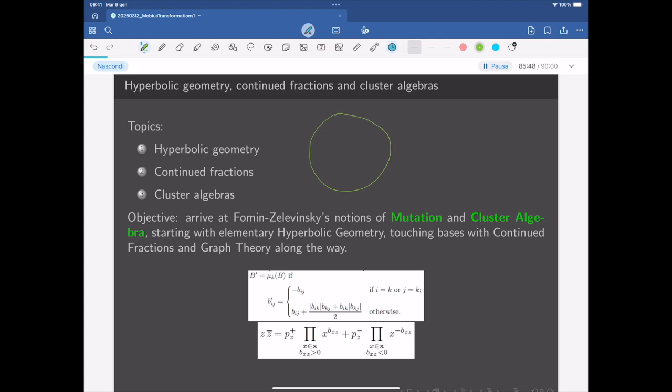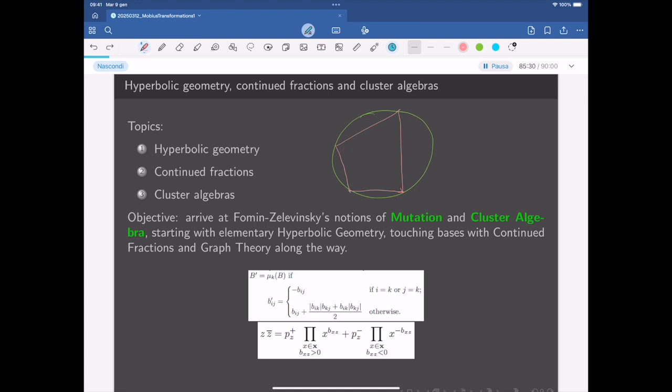So let's say that I have a circle in the Euclidean plane, a Euclidean circle, and I have an inscribed quadrilateral, and it can be any.